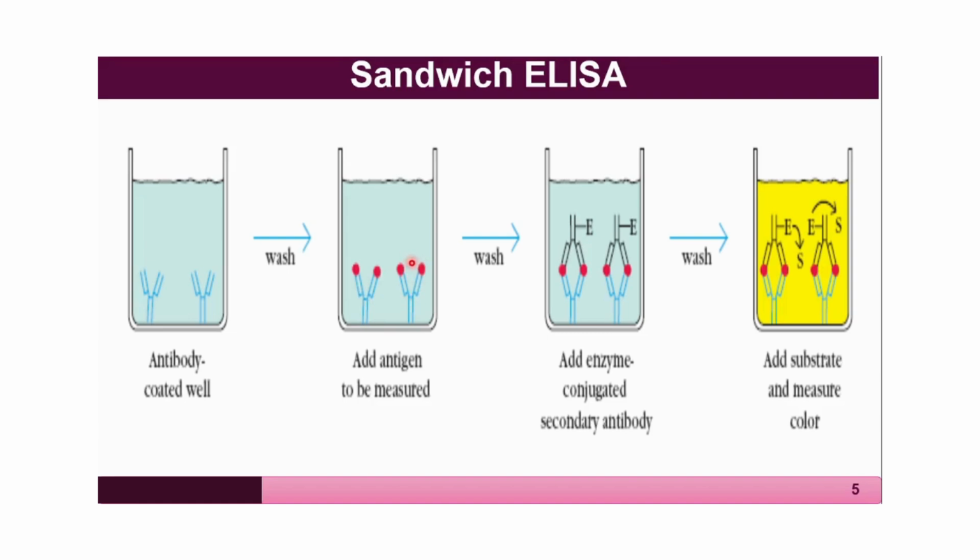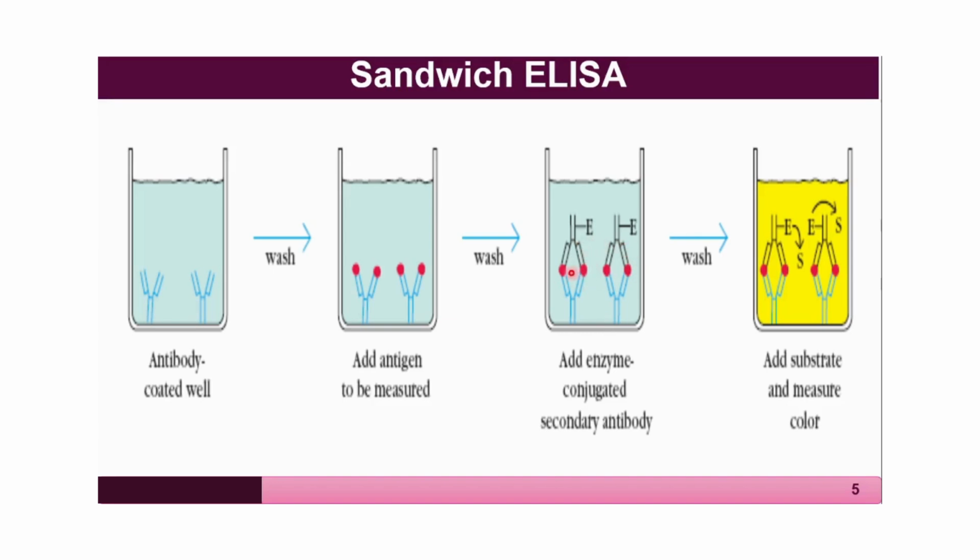After the wash, now to that sample you add the enzyme labeled antibody corresponding to that antigen. The enzyme labeled antibody could be a secondary antibody raised in an animal against that antigen.